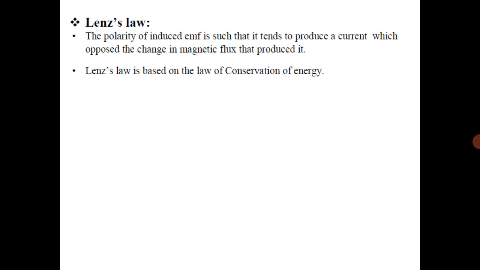What is it saying? The polarity of induced EMF is such that it tends to produce a current which opposes the change in magnetic flux that produced it. Lenz's law is based on the law of conservation of energy.